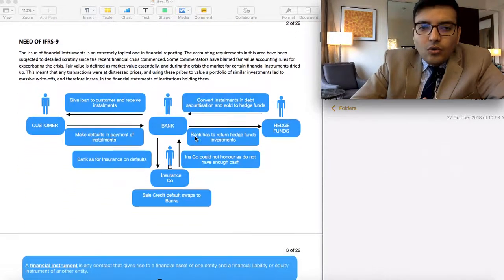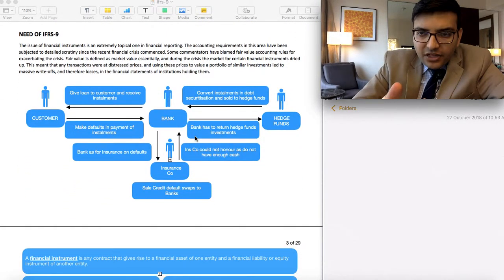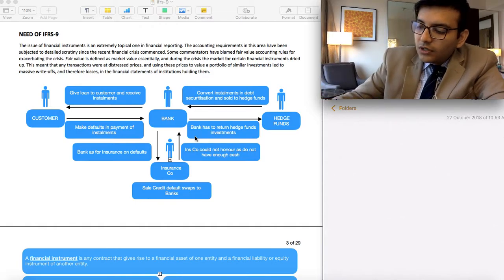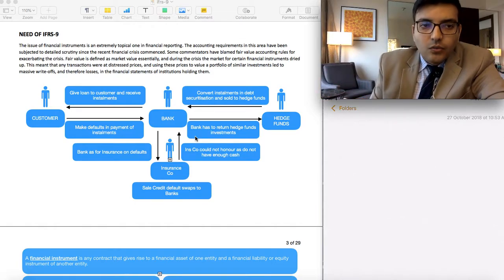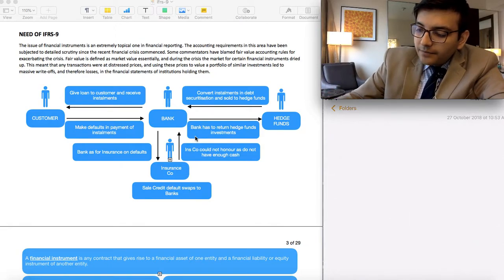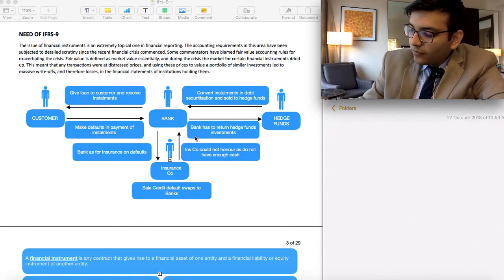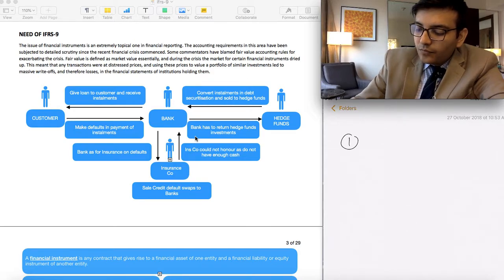Okay, so as you might have seen in our YouTube videos also, there are two main reasons because of which IFRS 9 was introduced. Number one is the actual credit loss model.